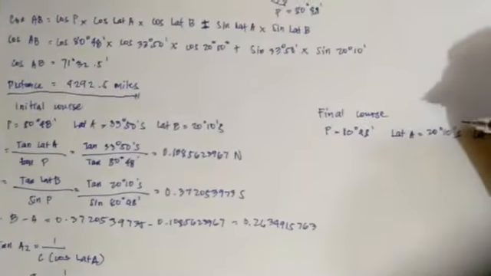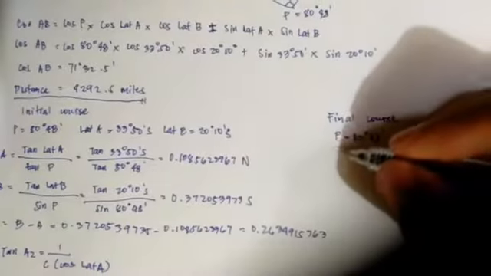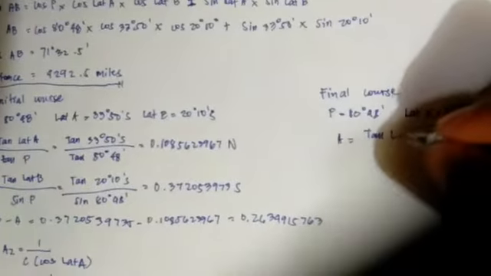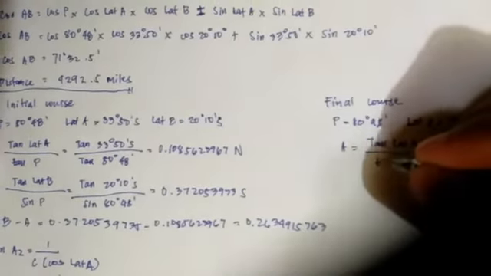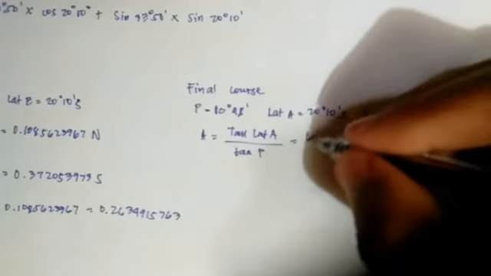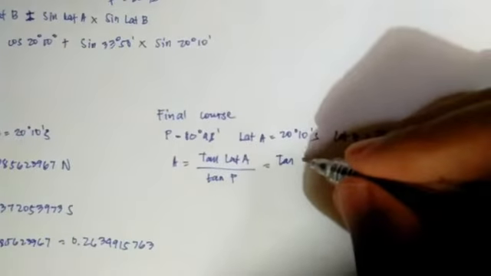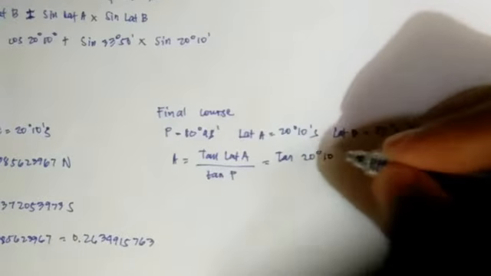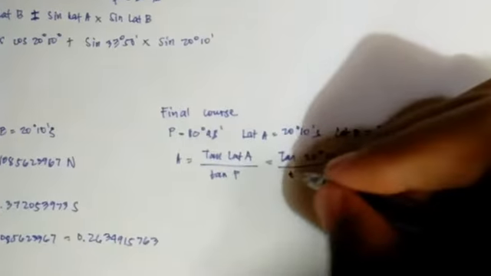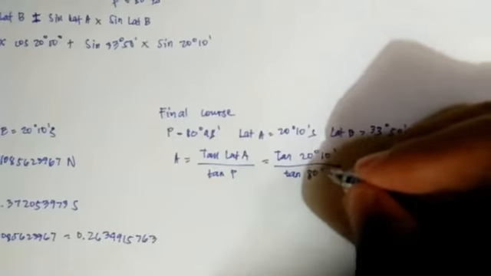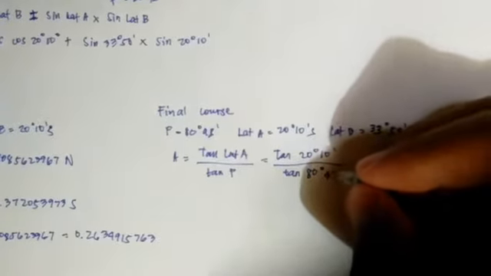We'll use the same procedure in getting the course A, B, and C. So the final course of A is tan latitude A over tan P, tan 20 degrees and 10 minutes over tan 80 degrees and 48 minutes.